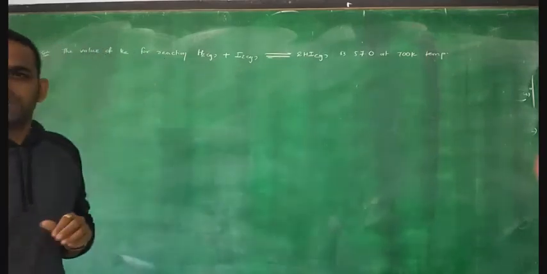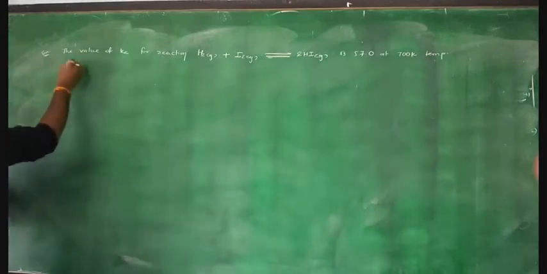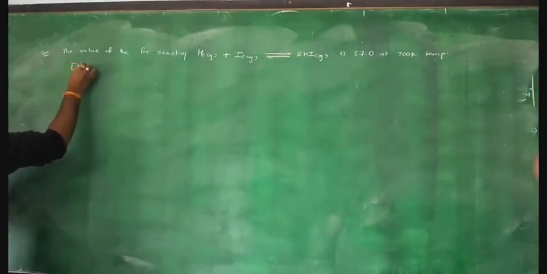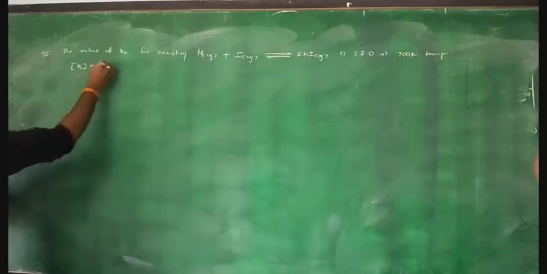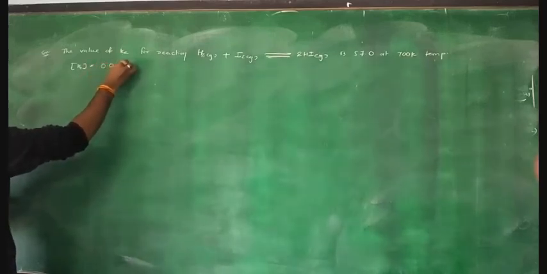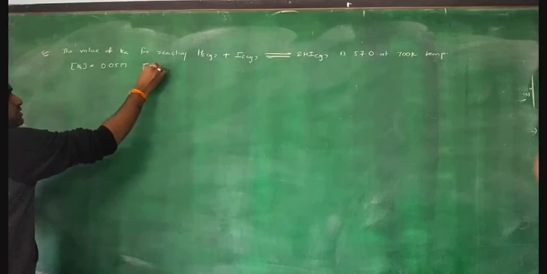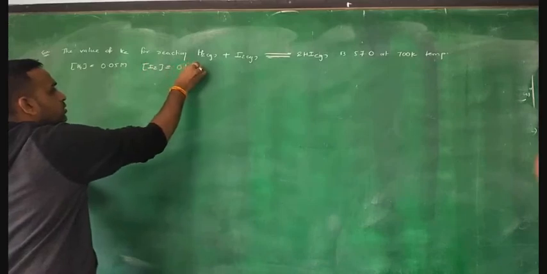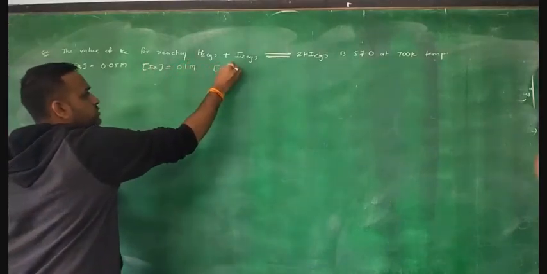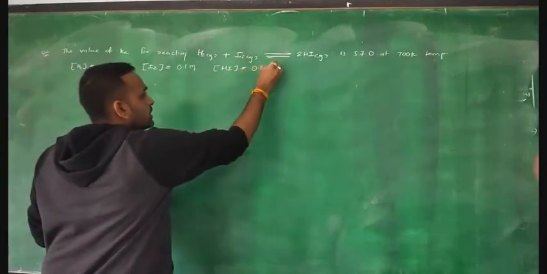चलो अभी देखो, suppose the concentrations of the reactants and product are given here. अगर यहाँ पे H2 का concentration है 0.05 molar, then concentration of I2 will be given 0.1 molar, and concentration of HI will be given 0.20 molar.